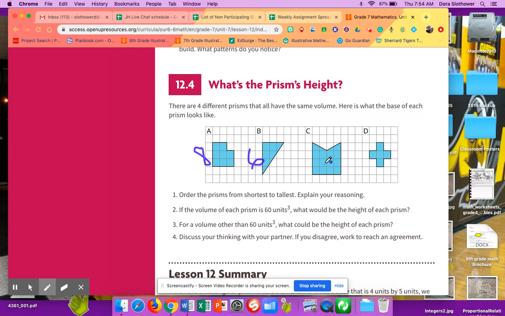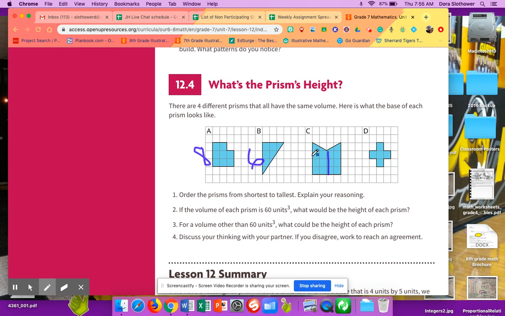And for C, well, I would cut this, and then we have 2 trapezoids that are the same. So it's base 1 plus base 2 times 1/2.